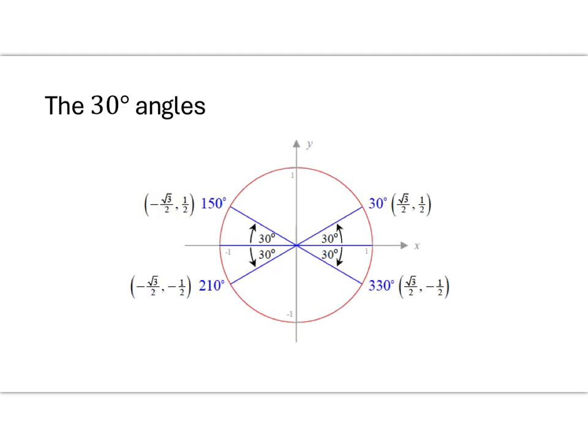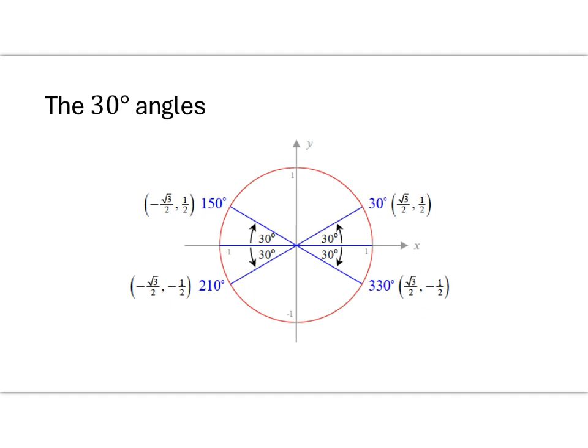Now, when we're working on the 30-degree angles, notice how we have all 4 of them here. These are called reference angles, and we're going to talk more about this in class. But basically, that first 30-degree angle, which is pi over 6, remember, has this ordered pair. So every one that is the same distance away from the nearest x-axis has the same ordered pair.